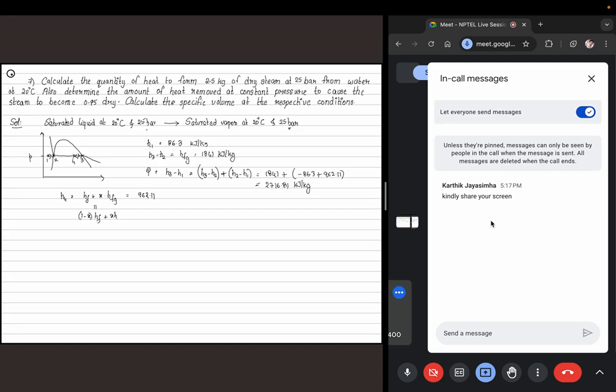So both are equivalent. Now we have H4, so we can directly calculate Q as final minus initial state, H4 minus H3.